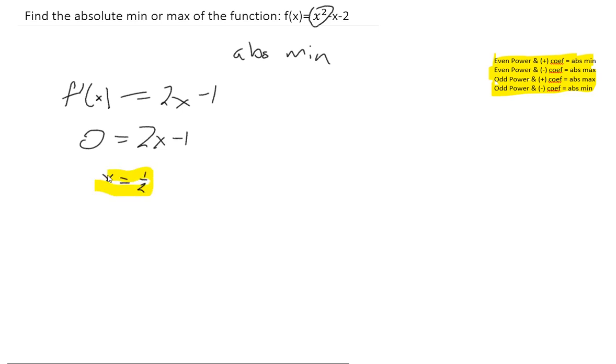You see, it's actually a very simple process. The tricky part is figuring out whether you have a minimum or a maximum. So f has an absolute minimum at x equals 1/2.